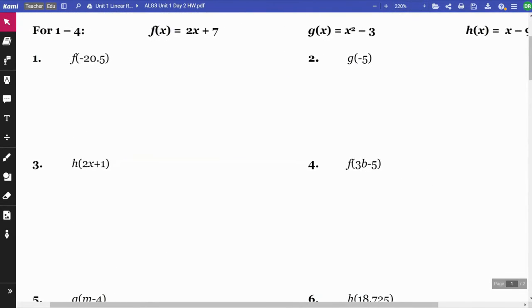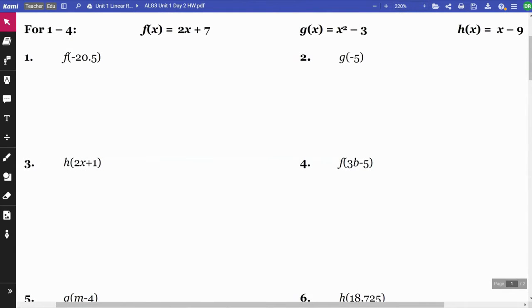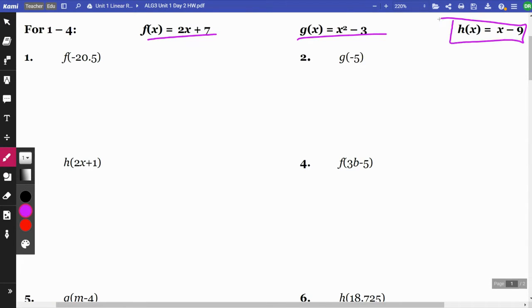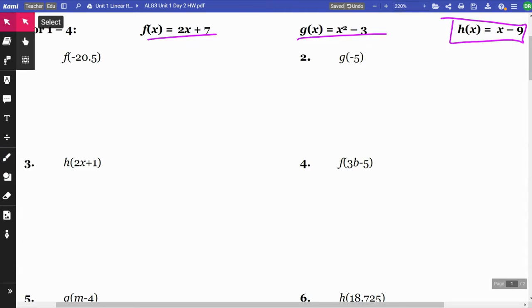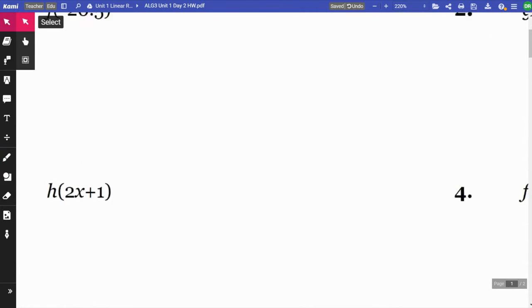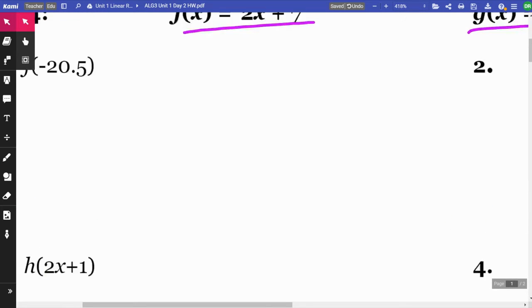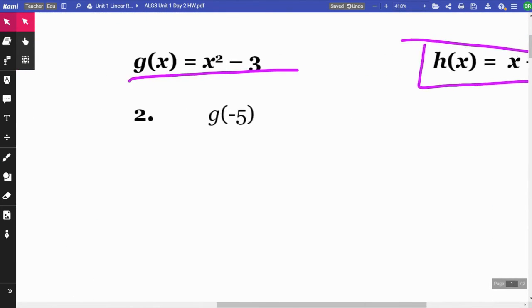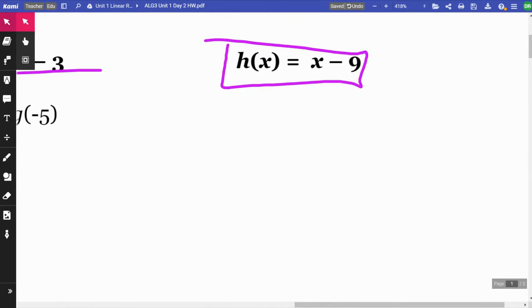It's important to recognize that number 3 is using the function h. So we're not concerned with either of these right now, just what h is. If h of x is 2x minus 1, h of 2x plus 1, it's going into this function for x.